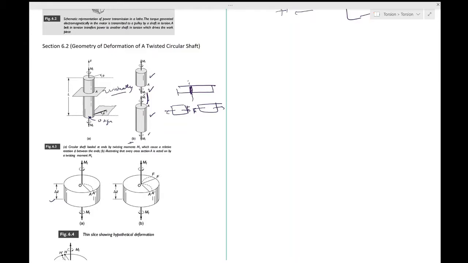Okay, now before proceeding further, we observe that since any other slice taken from this region will have an identical original shape and will be subject to the same twisting moment, we can expect it to have the same deformation. That is, the pattern of deformation will not vary along the length of the shaft.